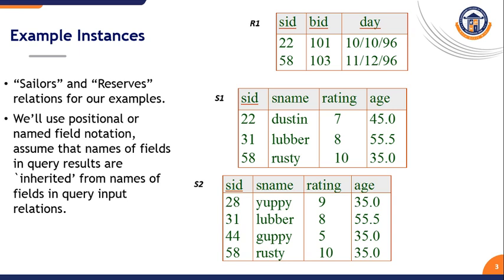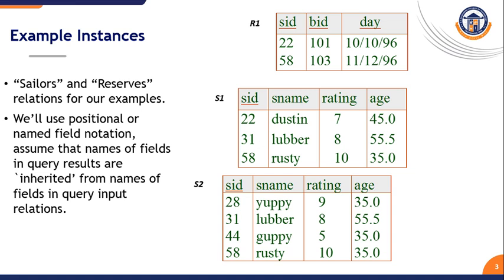These are small sample tables that help us practice the operations. Remember, field names in the result are usually inherited from the input relations, so we don't need renaming unless there is a conflict in a particular relation table. So this is an example instance that we are going to use in further queries.